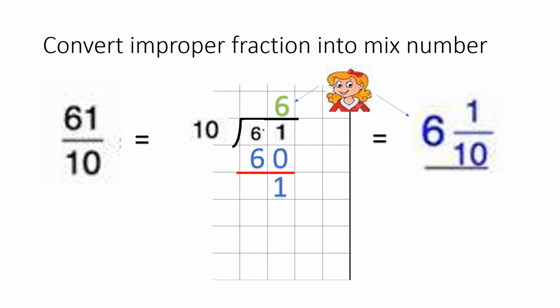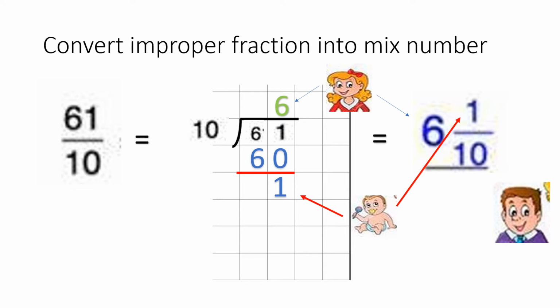Now the remainder which is down there is the son, the numerator. Now the divisor is the dad, which remains unchanged. He is the denominator. Can you remember?